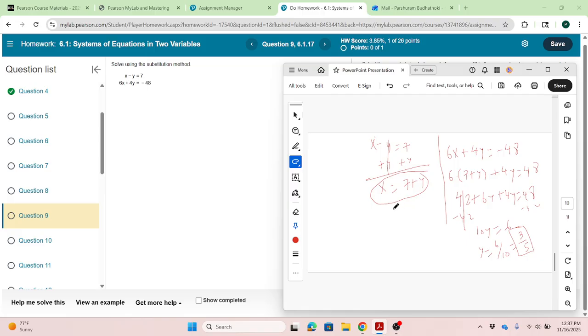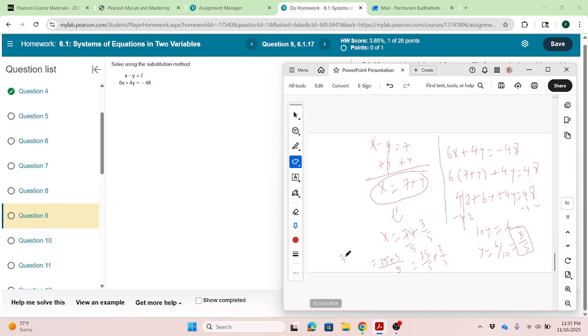How do you find x? You use this one, and you put y equal to 3 over 5, and then add. To add the fraction with the integer, just make the same denominator by multiplying the top and bottom by 5. That would be 35 over 5 plus 3 over 5. Because both have the same denominator, you can just say denominator 5, and on the top, 35 plus 3 is 38.